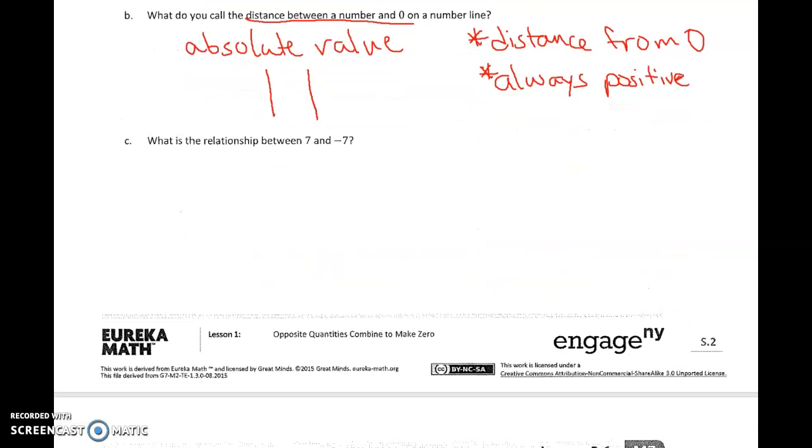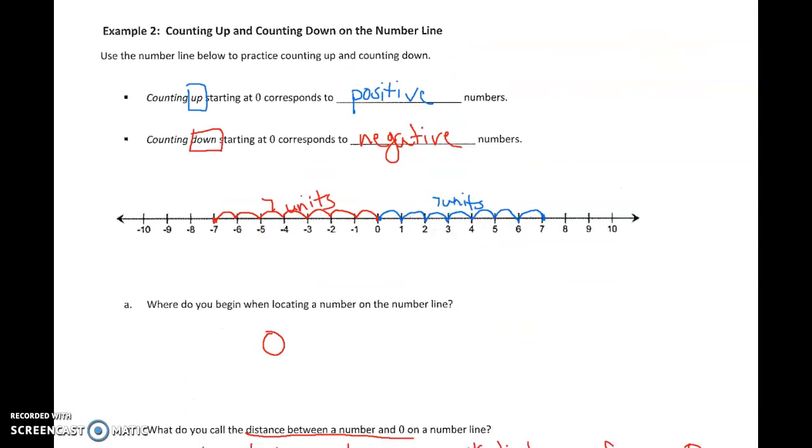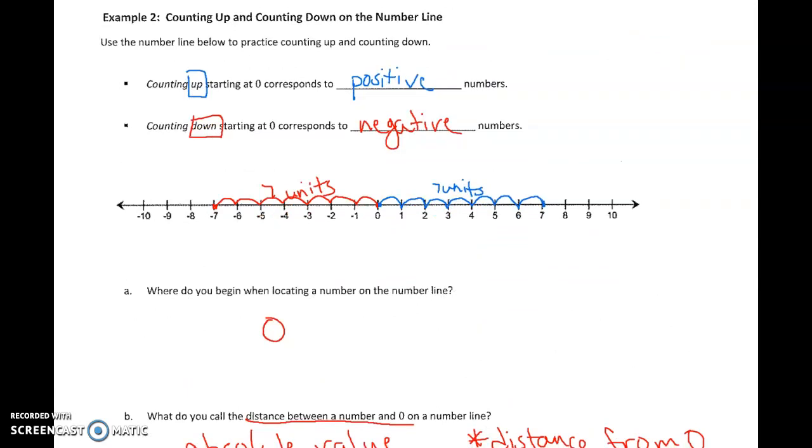So what we can say is a relationship here. We can say both are 7 units away from 0. So if they're both 7 units away from 0, I could say their absolute value is the same. If I look at 7 here and I put the long lines around it, that means take the absolute value of 7.